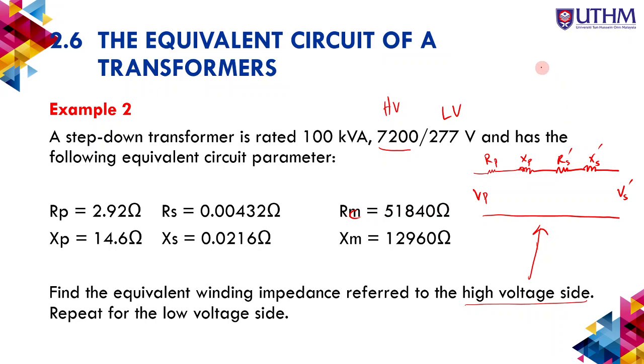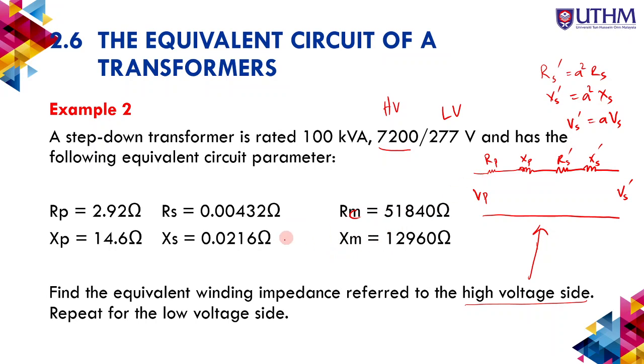Rs prime is equal to A square Rs, Xs prime equals A square Xs, and Vs prime equals A Vs. Then we just calculate, and then we will get the value.